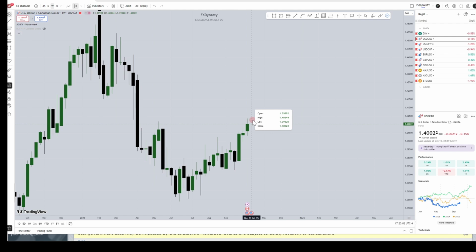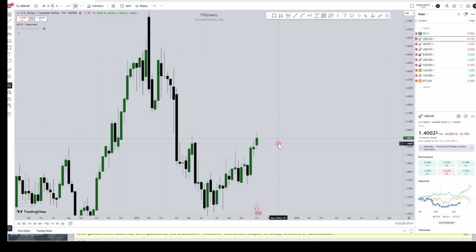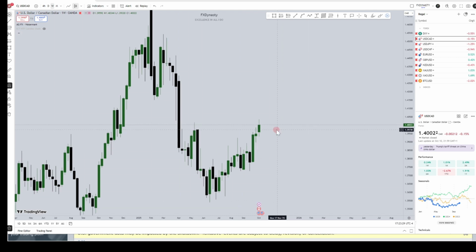Retracement is not necessary when price is bullish, because bullish price action means that there is strength in the market. So retracement is not necessary in a bullish state when price is very strong and is moving higher, unless we are expecting reversal. So for me, I will expect price to continue pushing higher on USD CAD on the weekly time frame.